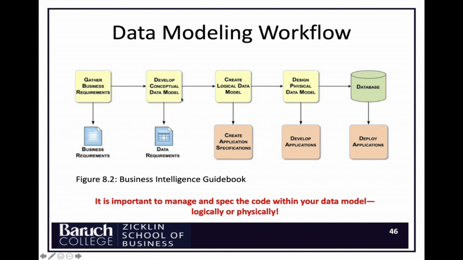Then you develop a conceptual data model, which includes all the data requirements that you may have for the business. From there, you will create a logical model, which is the bulk of the data modeling work, and it includes discerning all the details between the entities, attributes, and relationships.